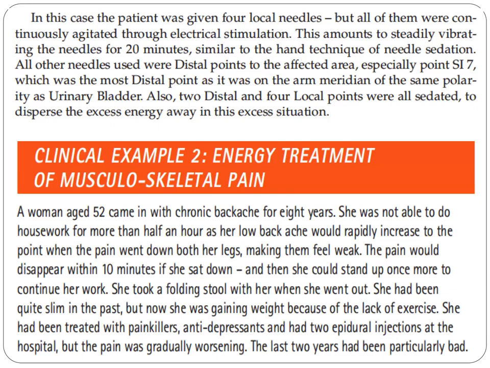All other needles used were distal points to the affected area, especially point SI7, which was the most distal point, as it was on the arm meridian of the same polarity as urinary bladder. Also, 2 distal and 4 local points were all sedated to disperse the excess energy away in this excess situation.